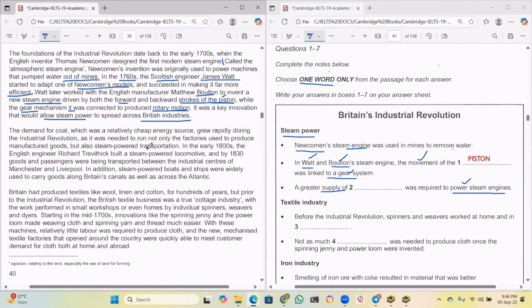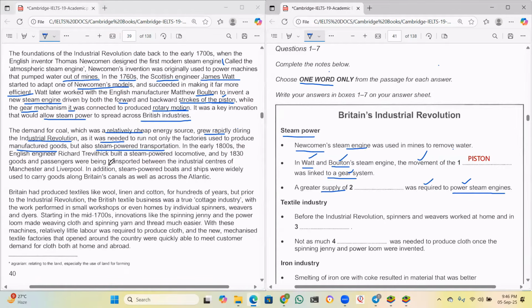The demand for coal, which was a relatively cheap energy source, grew rapidly during the Industrial Revolution, as it was needed to run not only the factories used to produce manufactured goods, but also steam powered transportation. So, steam powered transportation, power steam engines, a greater supply of dash was required.